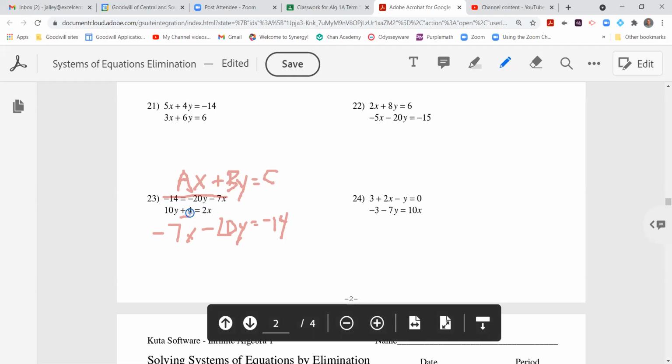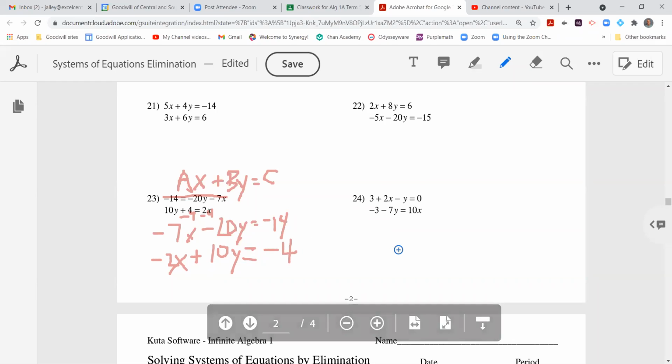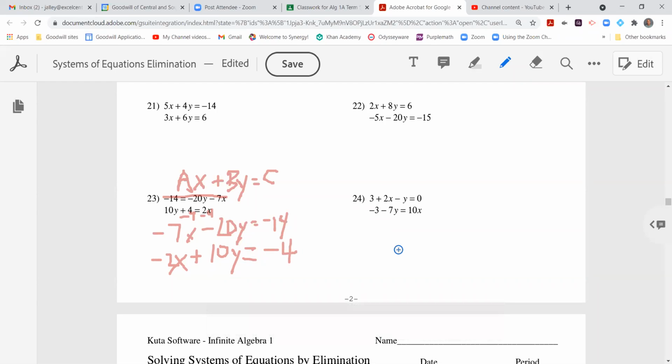The other one, I'm going to have to subtract 4 and subtract 2x to get those to flip sides. Minus 2x plus 10y equals -4. And that's from both sides. And then I also subtracted 2x from both sides.